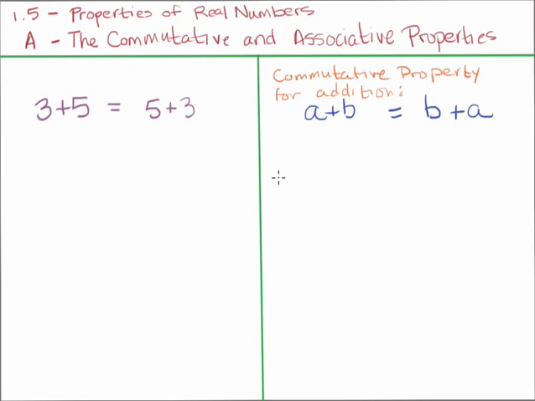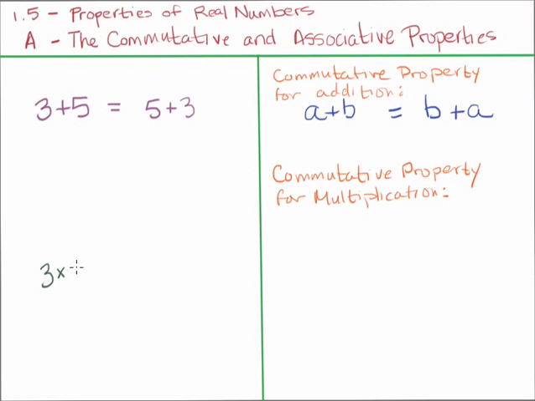There's also a commutative property for multiplication. Here's what that says. Let's look at the problem 3 times 5. Since the commutative property of addition says that you get the same answer whether you add the 5 to the 3 or the 3 to the 5, then it seems to make sense that the commutative property for multiplication would say that if you multiply 3 5 times, you'd get the same thing as if you multiplied 5 3 times.